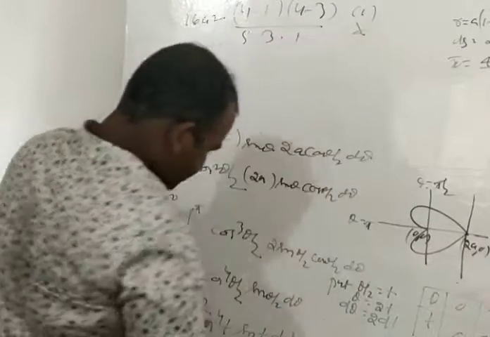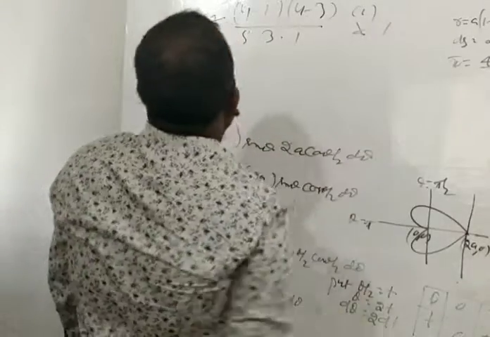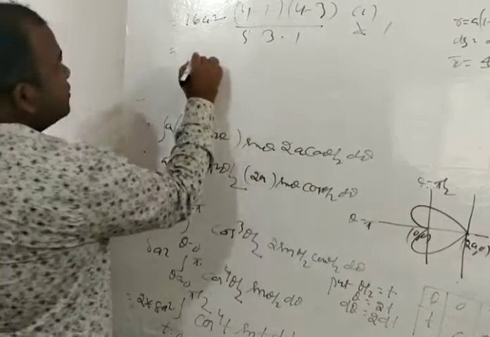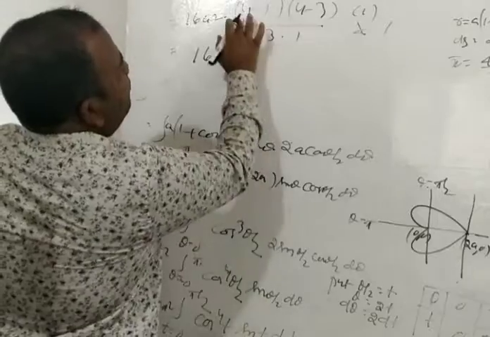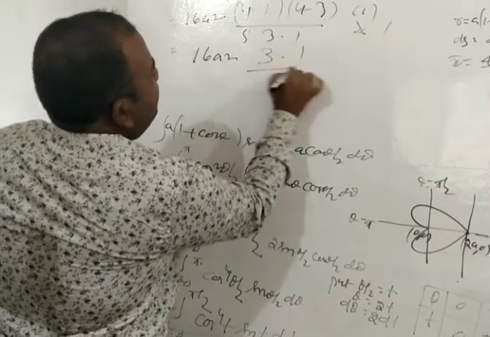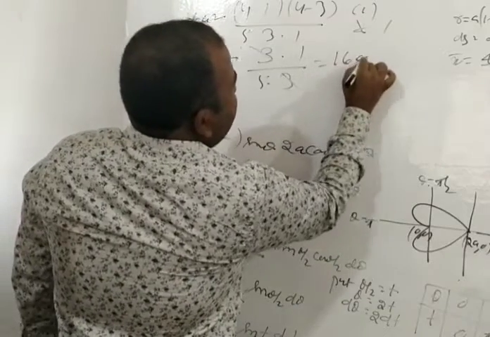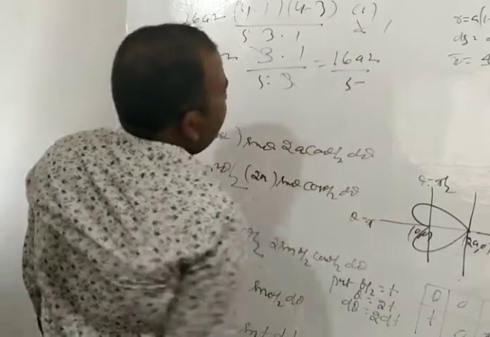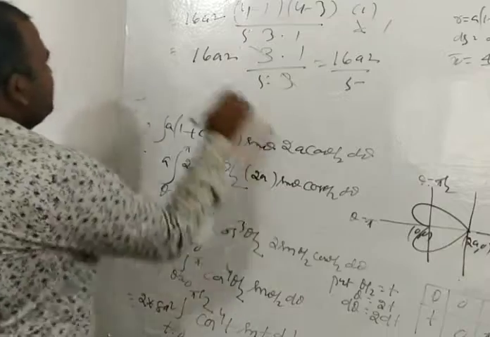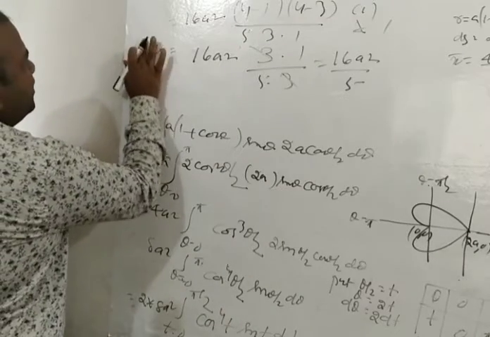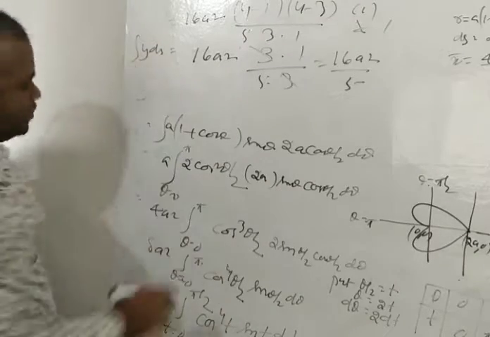Both are not even, so into 1. So this is 16a square, 4 minus 1, 3, 1 upon 5 into 3. The 3 cancels. So this is 16a square by 5. This is the value of integration of y ds.